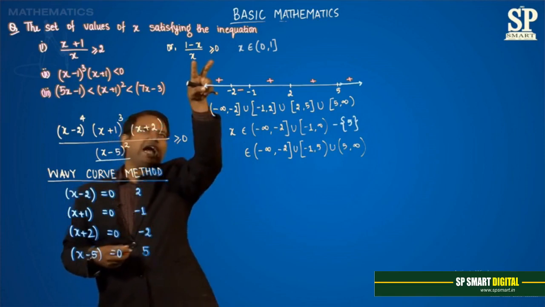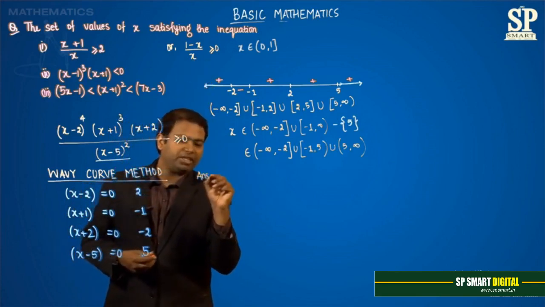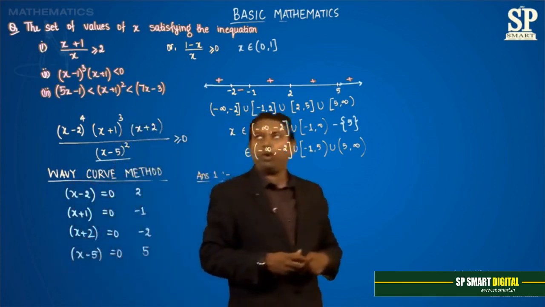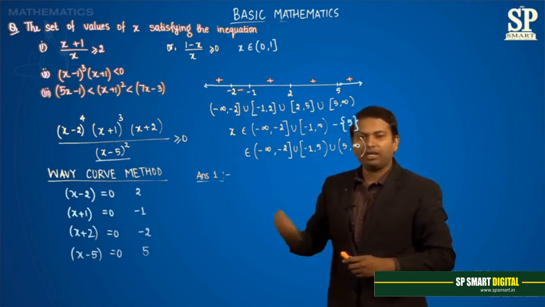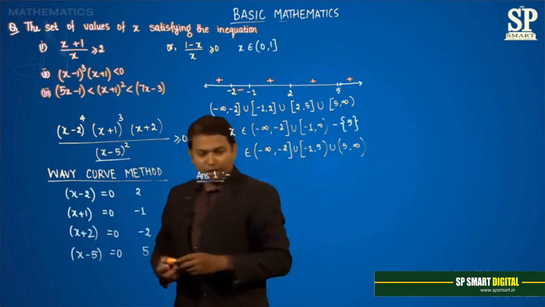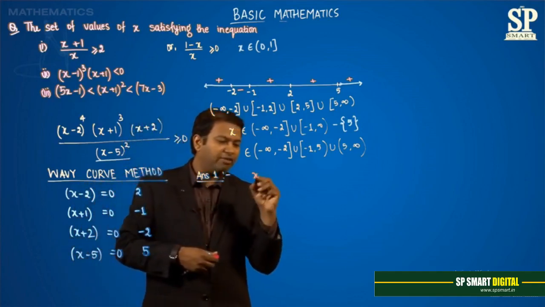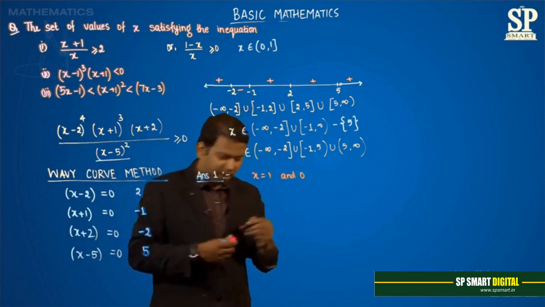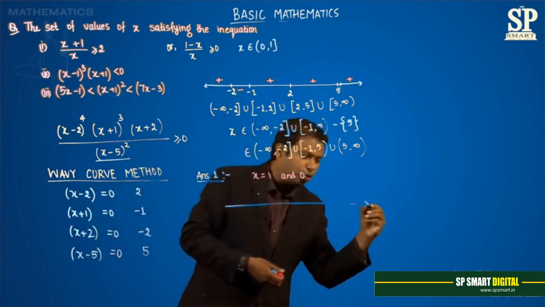So if you look at this question, here is our answer using the wavy curve method to question 1. Here we have 1 minus x in the numerator and x in the denominator. So if we put these two factors as 0, we will have x equal to 1 and x equal to 0. So let us now draw a number line first and mark these 2 points.